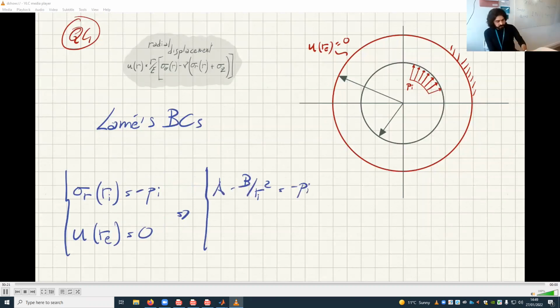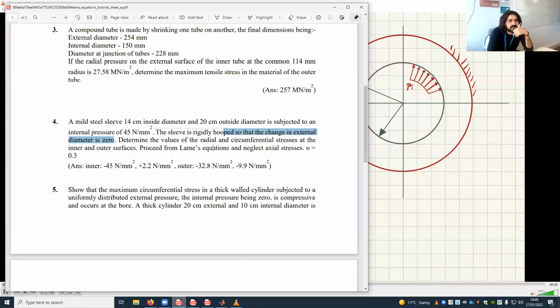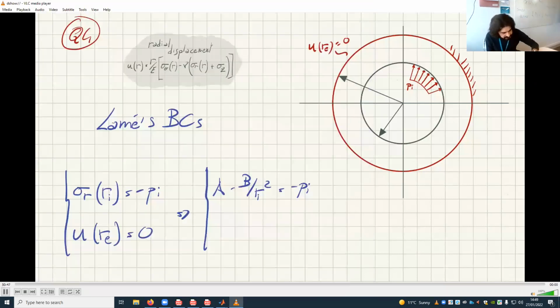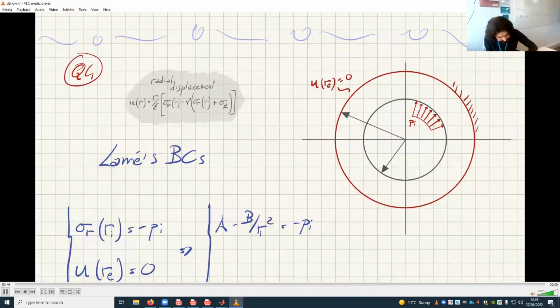But for the bottom equation, you have to resort to this one, which contains a plus b over r squared and a minus b over r squared, and sigma z if needed. Let me check if there is a sigma z here. It's a sleeve, so it's only a sleeve. A sleeve means that there are no caps. That means that sigma z is 0. So sleeve, sigma z equals 0.